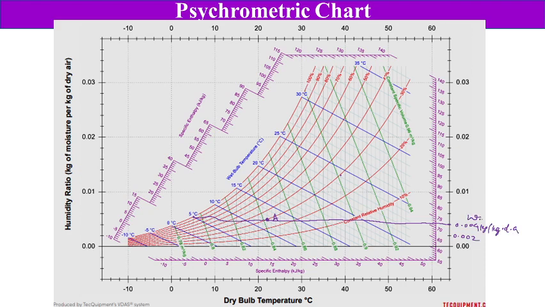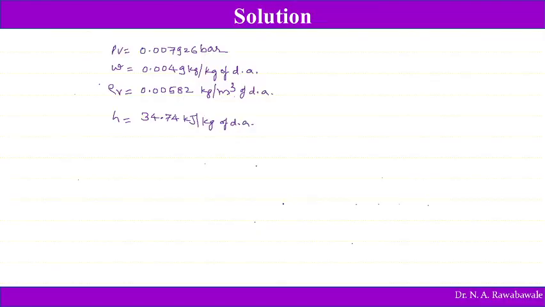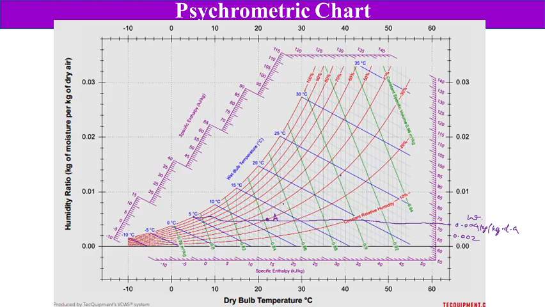So this is omega. Then what we have obtained here is enthalpy H. Corresponding to this, if we take a straight line here, somewhere it comes here. How much was enthalpy? 34. So it is between 30 and 35, somewhere here it is 32, say, kilojoules per kg. So enthalpy is also obtained.